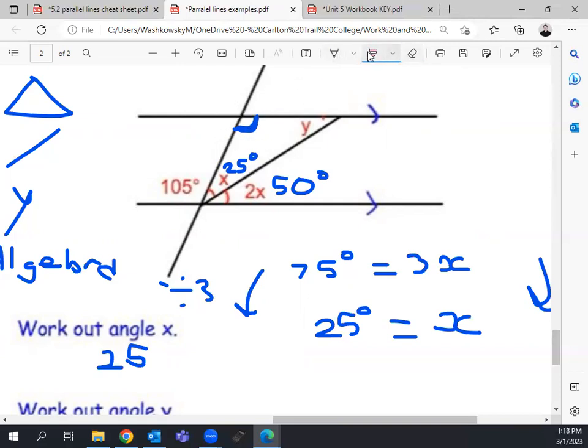I need to use one of those letters to figure it out based on either the 105 or the 25. So 105, okay. What letters do we see? Well, X and Y, but I mean from the zebras thing. You can find a C, yeah. So I can find a C here.